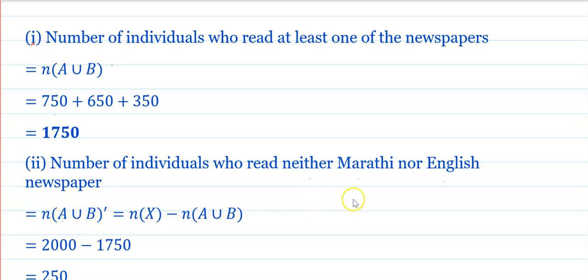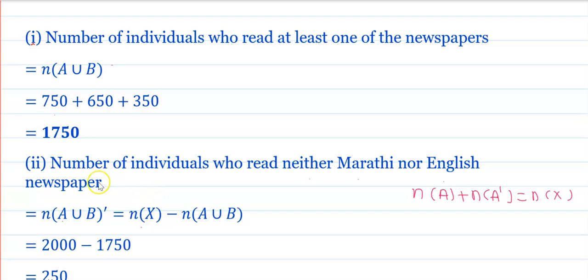A while ago we saw a formula. Suppose there is a set A, n of A plus n of A complement, then you will get n of X. Similarly, n of A union B complement equals n of X minus n of A union B. n of A union B means the number of individuals who read at least one newspaper.